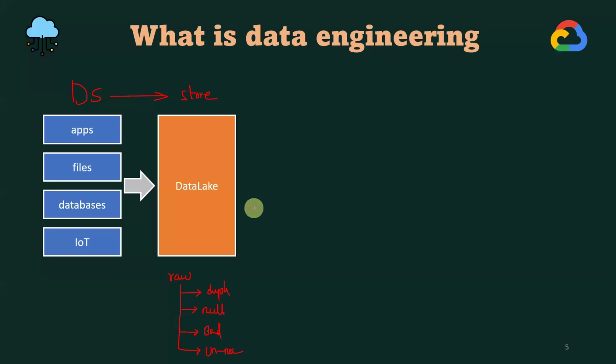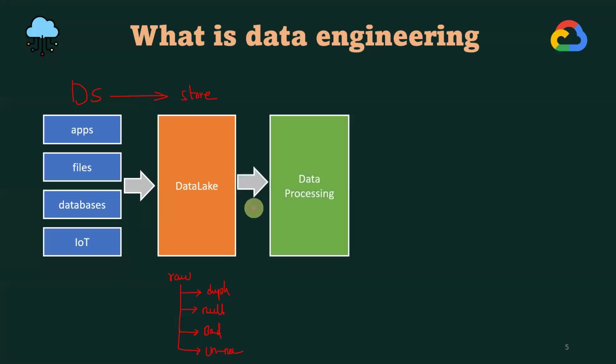So that's the reason the very next step we do is data processing. Right, sir? We store the data, then we process the data. In data processing, we are going to handle all of these issues.